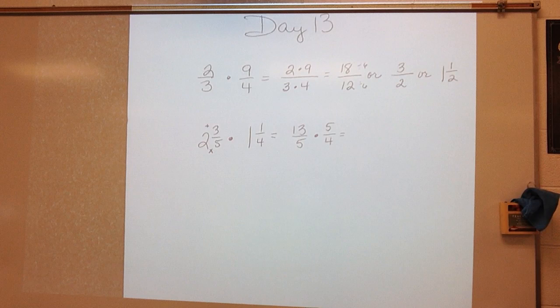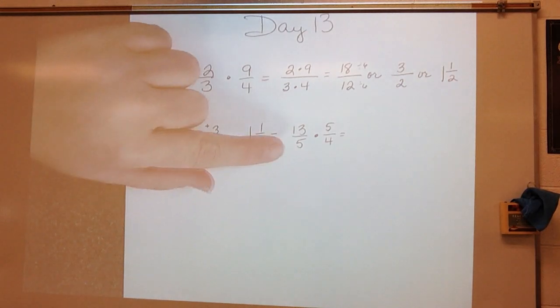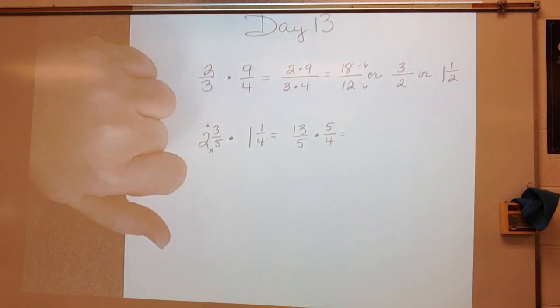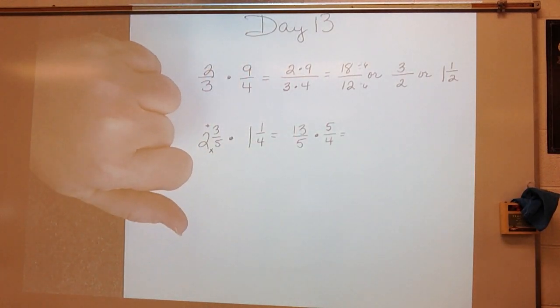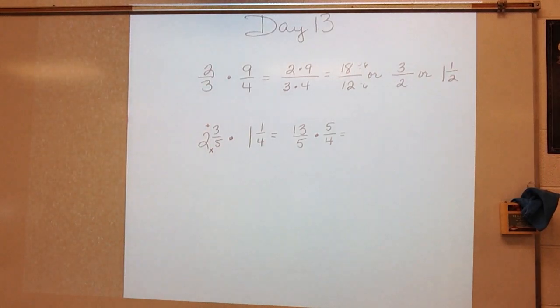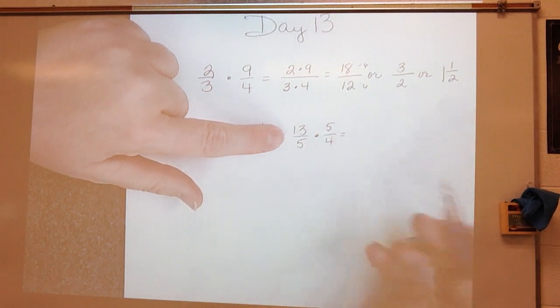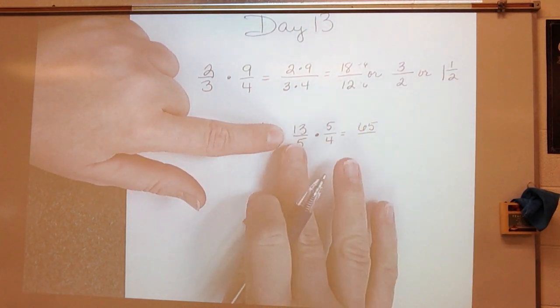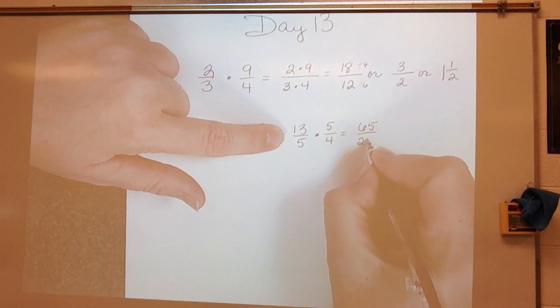Okay? Now, let me show you a little trick here. I have 13/5 times 5/4. I'm going to go ahead and show you what this would look like multiplying it straight across. So 13 times 5 would be 65, and 5 times 4 would be 20.